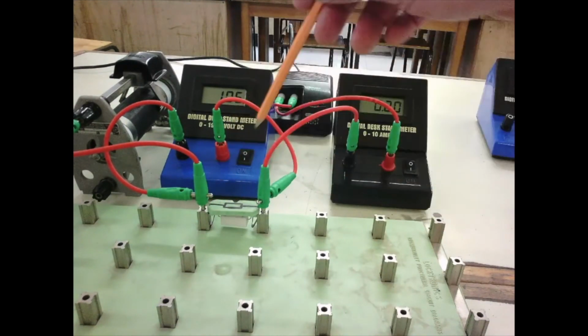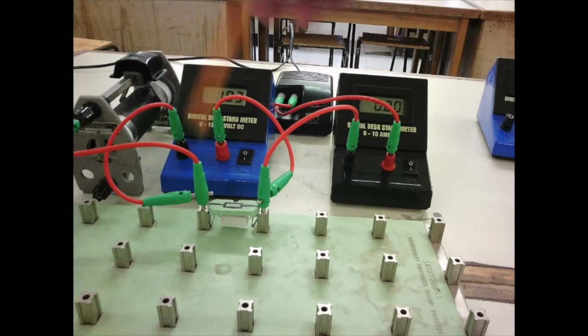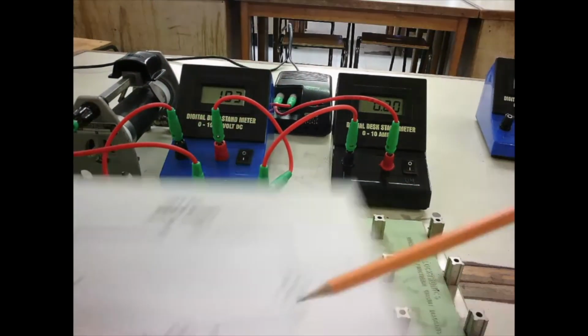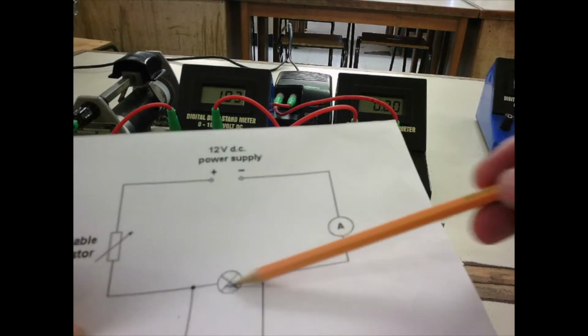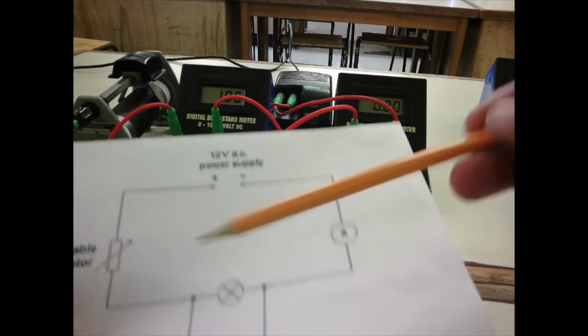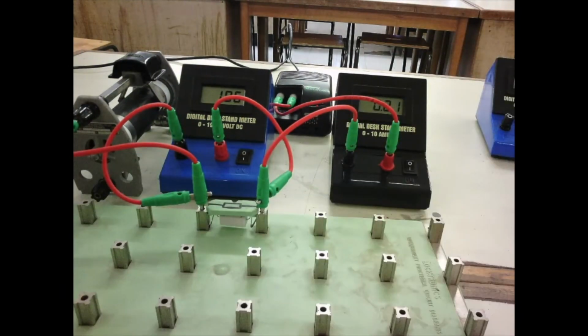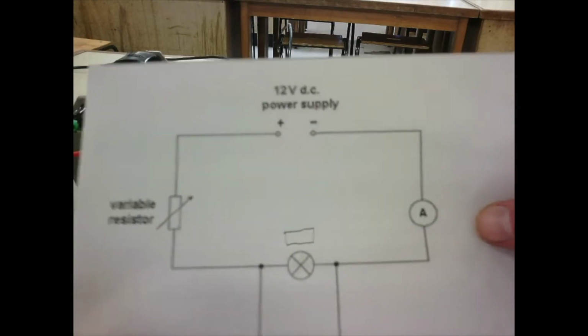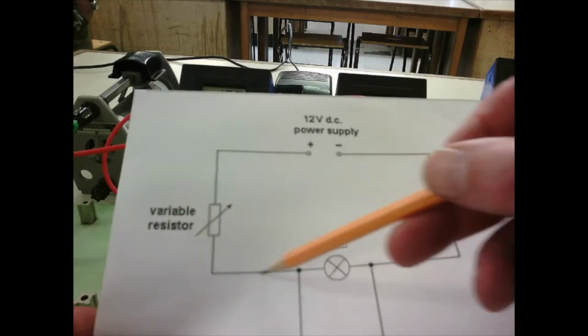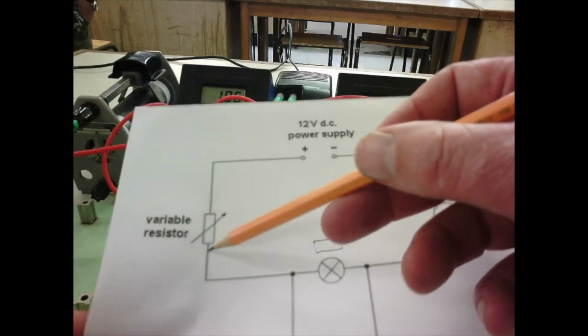So we come out of the power supply, through the ammeter, through the resistor. Don't worry about these wires for the moment, which go to the voltmeter. So we're going through the bulb, or in our case, the resistor. And the symbol for the resistor is that rectangular shape. We carry on and then we get to our variable resistor.